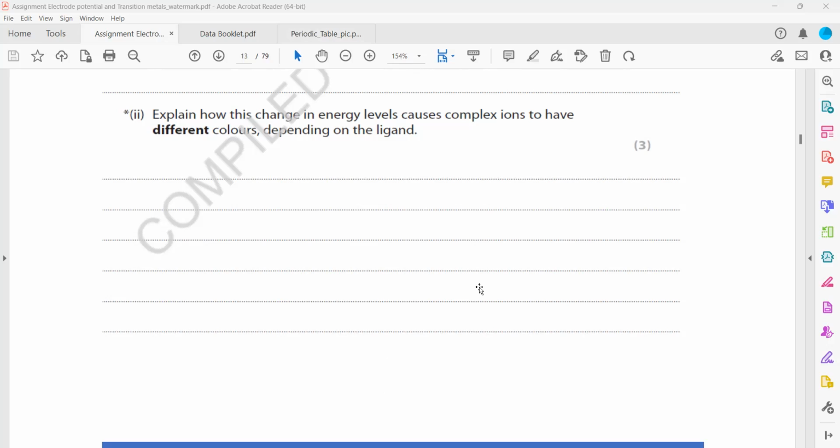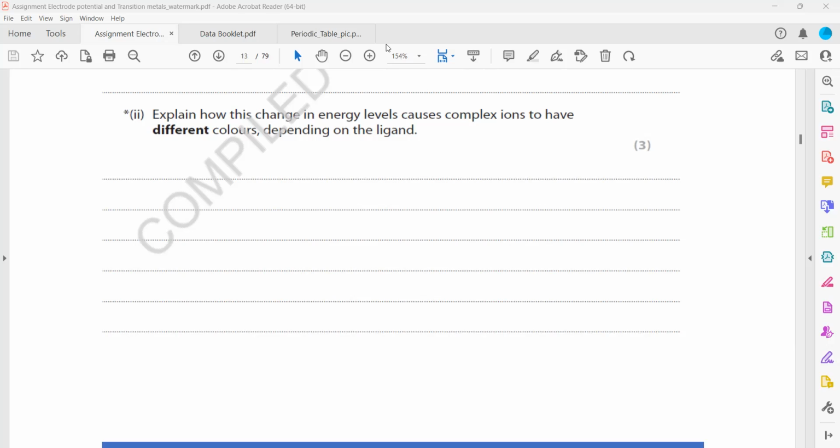As a result, electrons absorb a specific energy to move to a higher level, and the color of the complex depends on the gap size. The color which we see is always a complementary color. It's not what is absorbed, it is always what is not absorbed. That is the color of the complex we see.